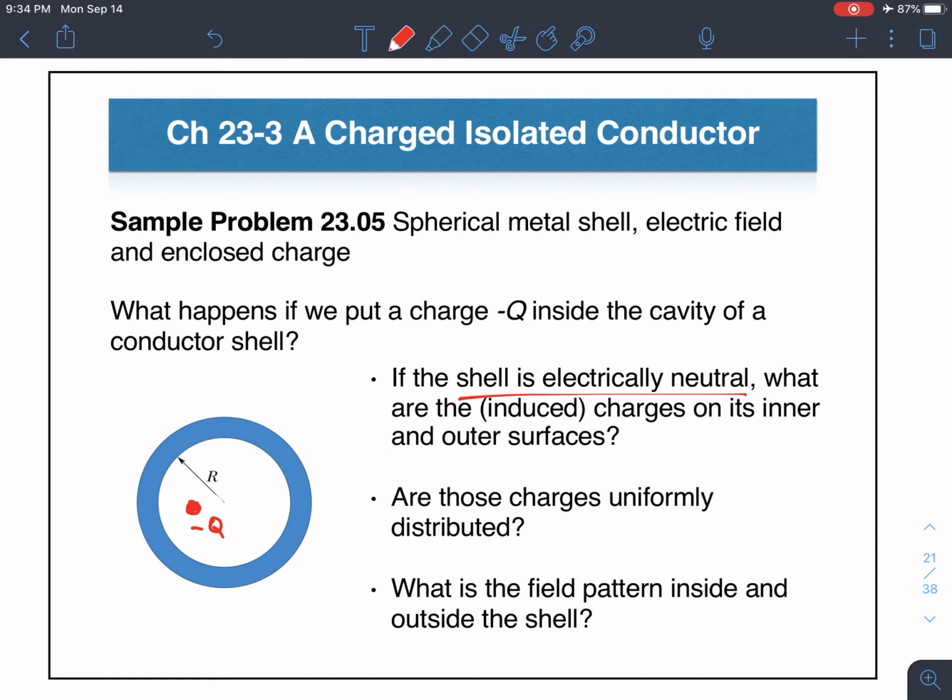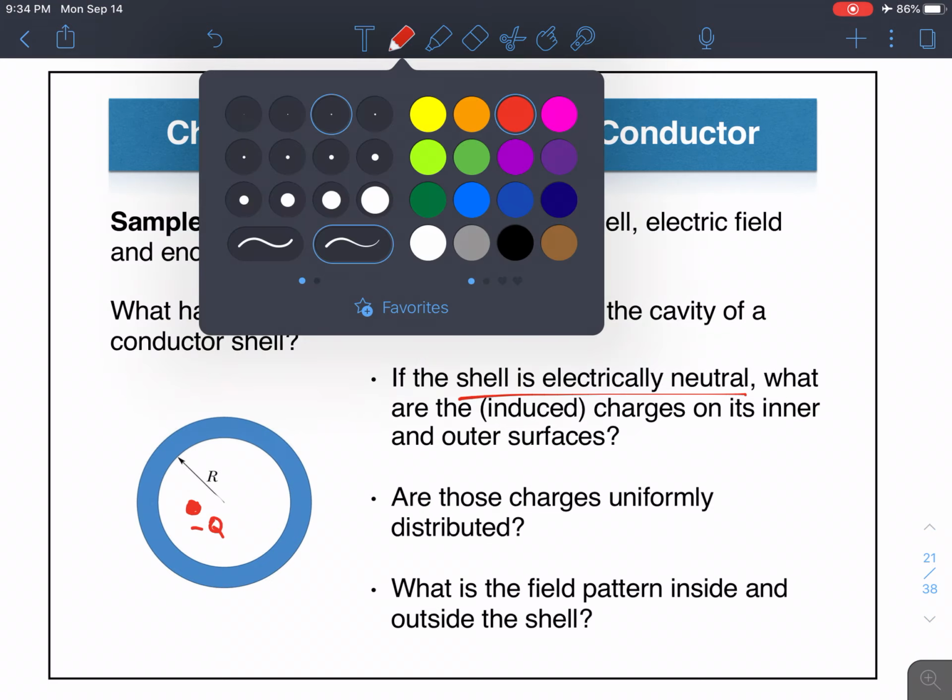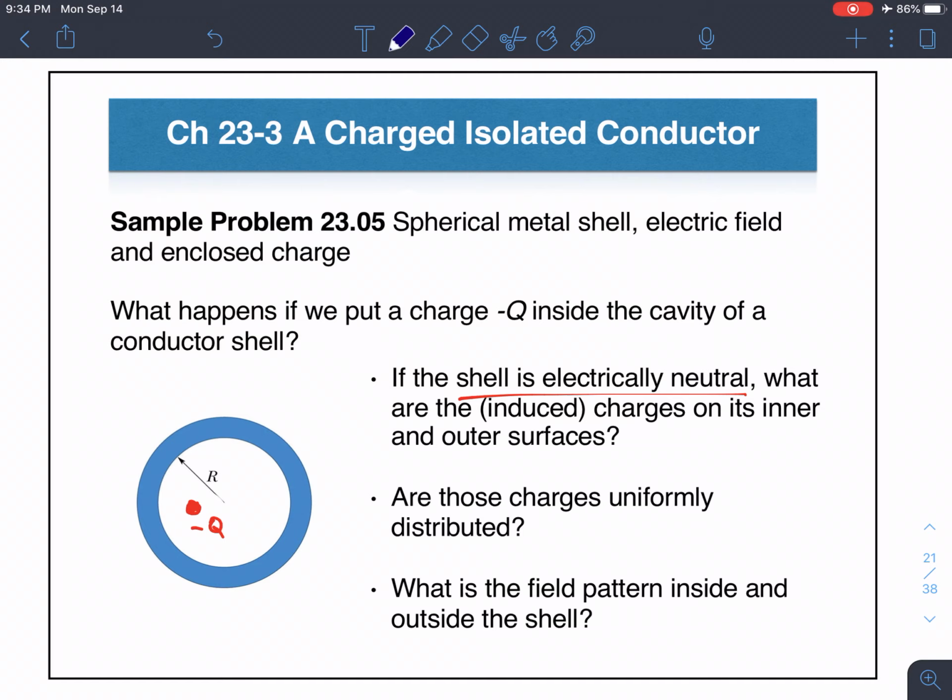And when you have negative charge inside, although the shell is neutral, it is going to attract positive charges nearby. There will be more positives on the side of the shell which is closer to that negative charge, and there will be less charges on the other side.